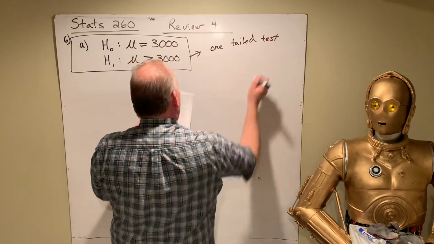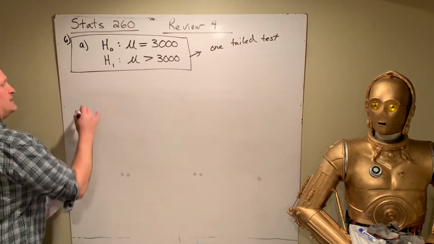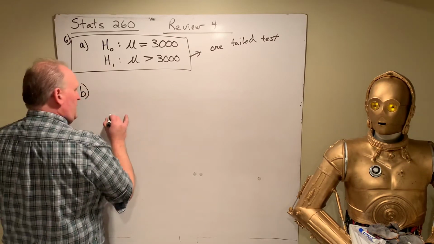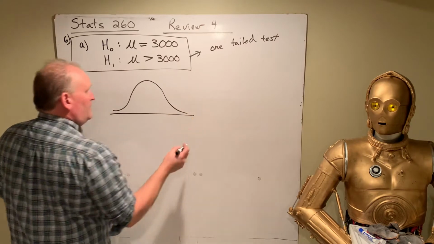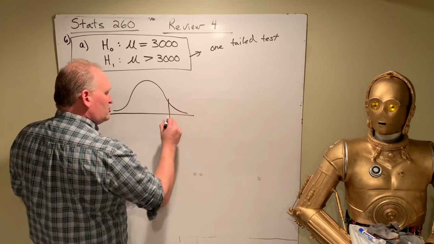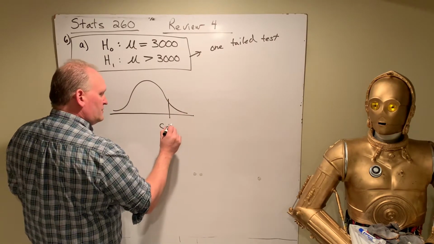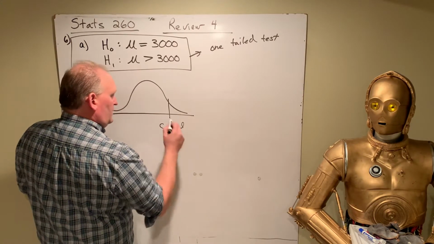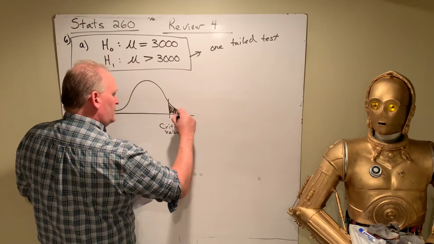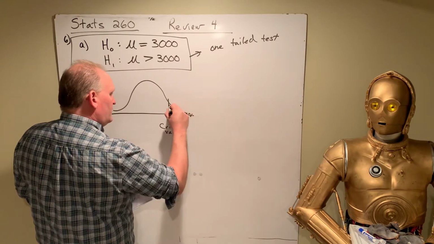And we're going to shade the top part. Part B is, okay, draw a pretty picture. So you've got the standard normal curve, and we've got some critical value. And it's got to be above that critical value in the shaded area.